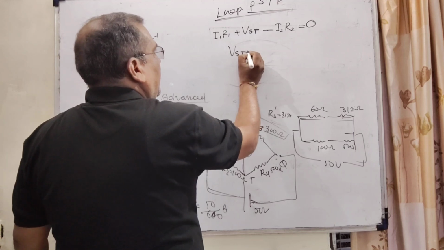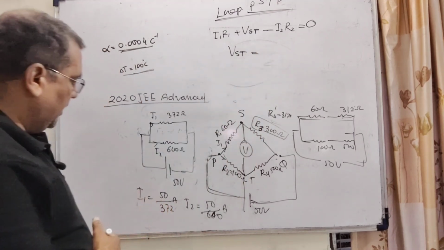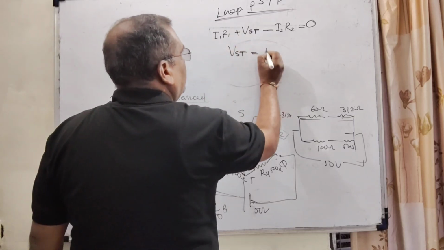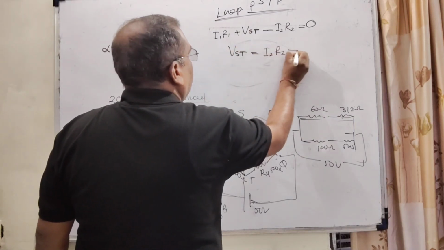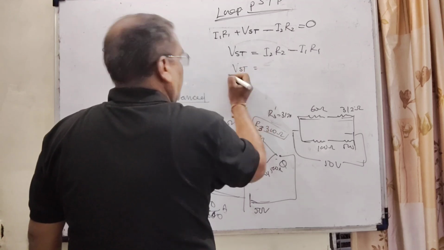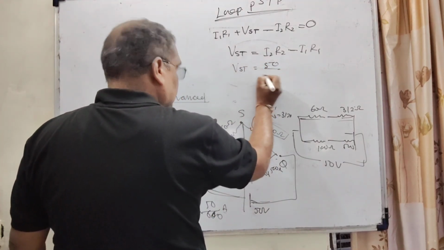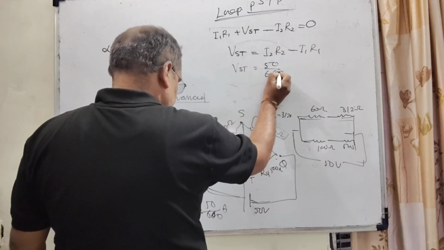So VST is equal to I2 R2 minus I1 R1, and we already found I1 and I2. What is I2? 50 by 600.